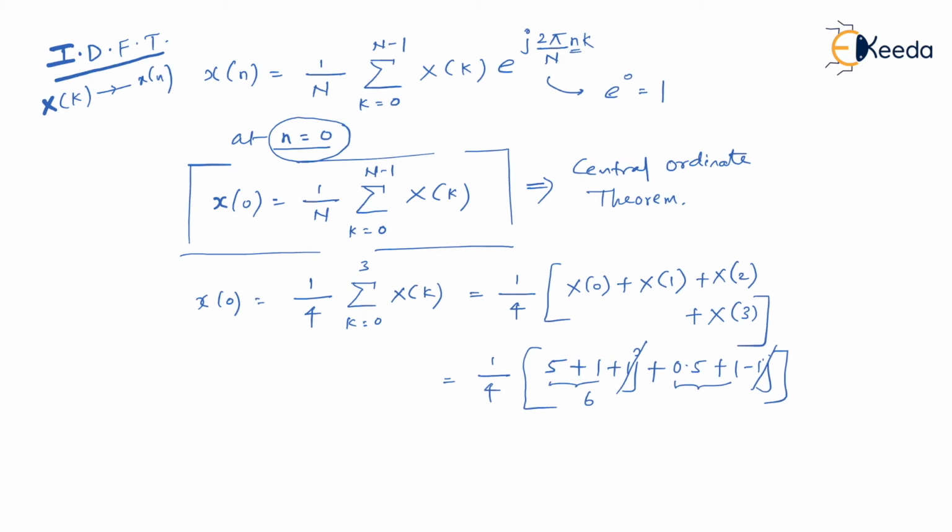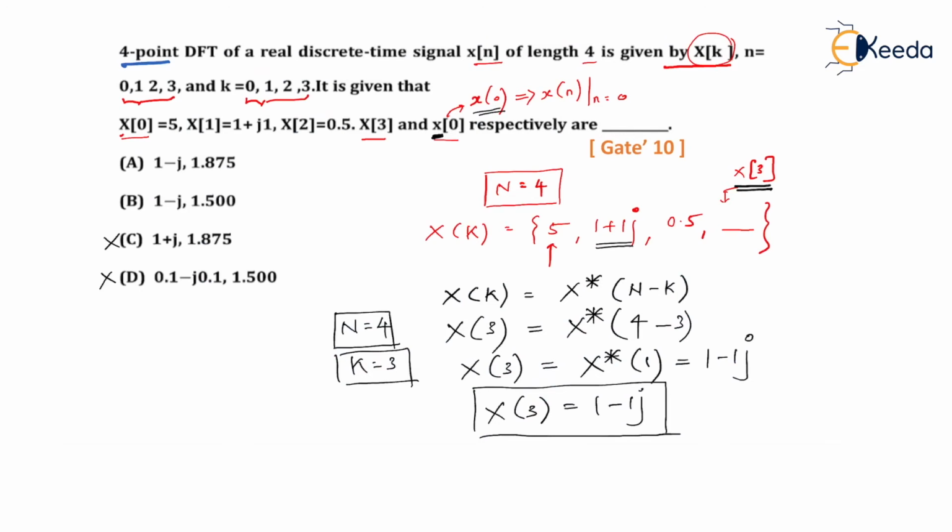So this is 1.5, so it is simply 7.5 divided by 4, comes out to be 1.875. So value of x of 0 is simply 1.875. Let us verify.